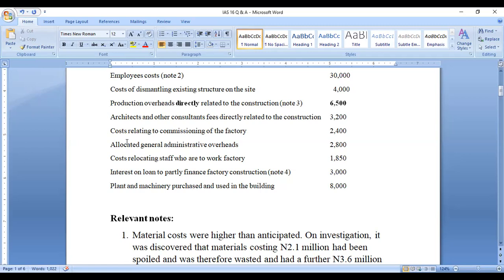Cost relating to commissioning of the factory. I think that should be expensed. Okay, why?